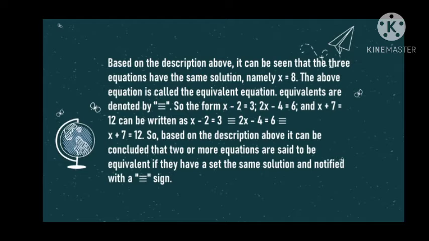Based on the description above, it can be concluded that two or more equations are said to be equivalent if they have the same solution set, and this is denoted with the equivalence symbol.